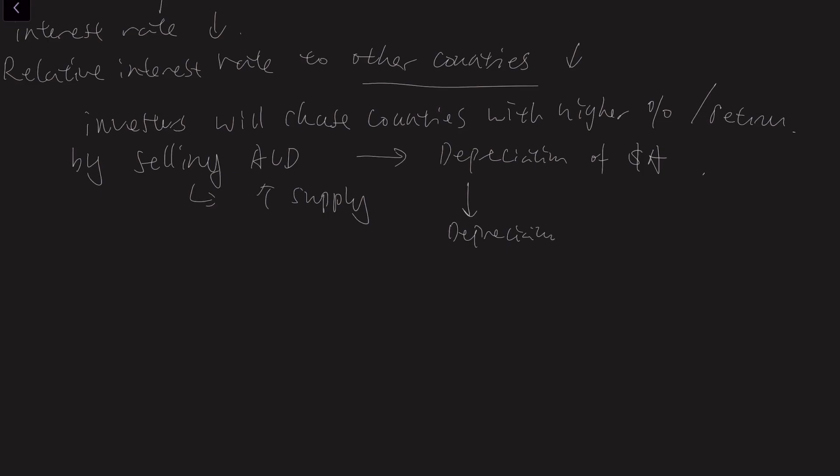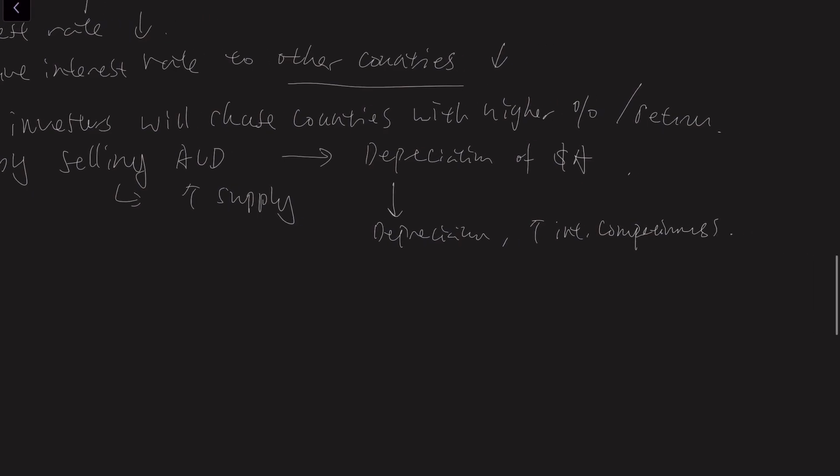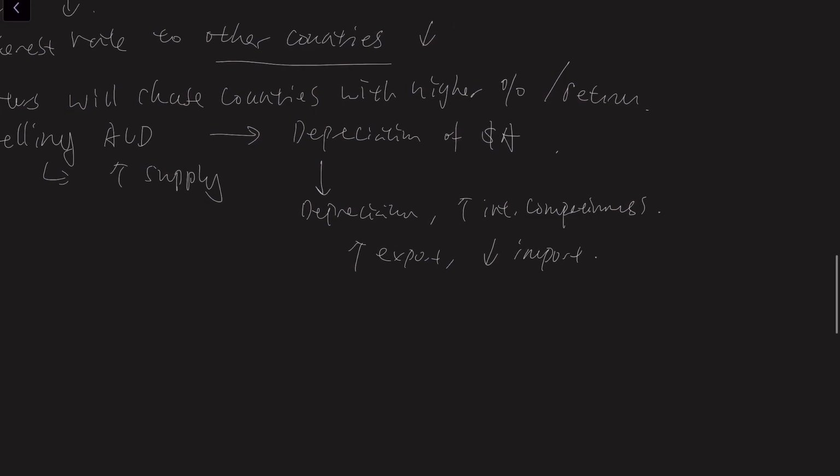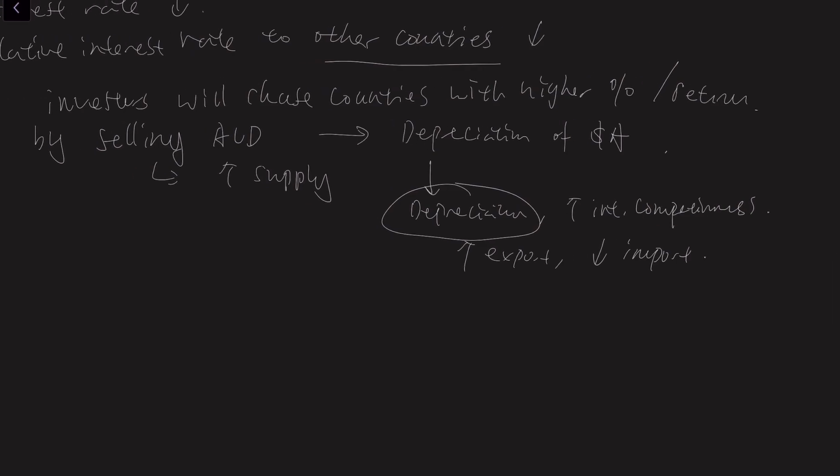And as we have discussed in the video about exchange rate, depreciation increases the level of international competitiveness. And when the international competitiveness increases, this boosts export and decreases import. So why is this? When Australian dollar depreciates, then Australia-made goods and services become more attractive or cheaper from the perspective of foreign purchasers, because Australian dollar is worth less.